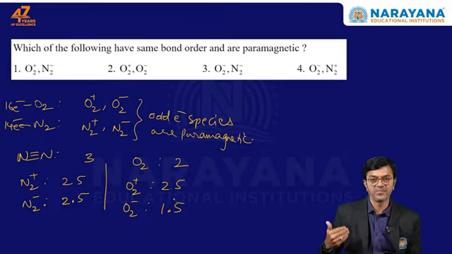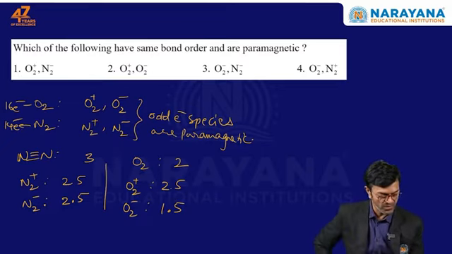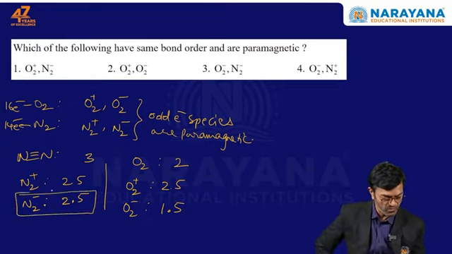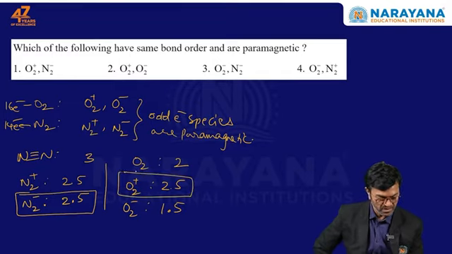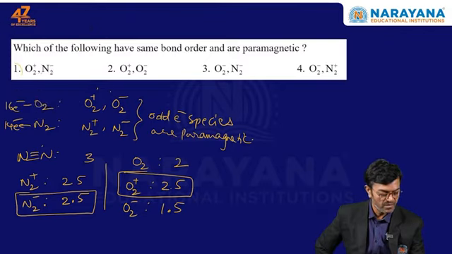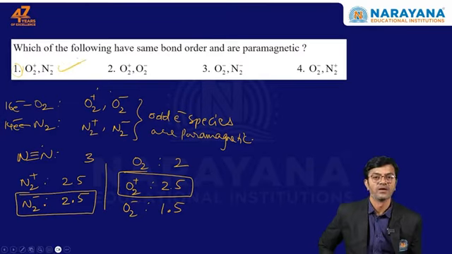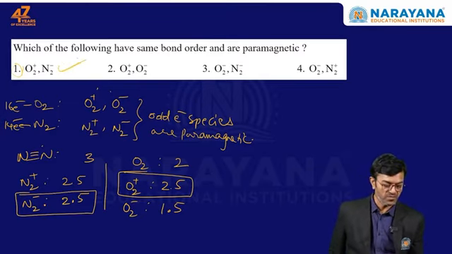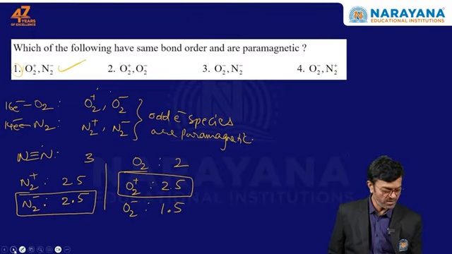It is asking for the same bond order. If you observe here, N2 minus has 2.5, O2 plus 2.5, and both are paramagnetic. So, our answer must be the first option, that is, O2 plus and N2 minus have the same bond order as well as both are paramagnetic.